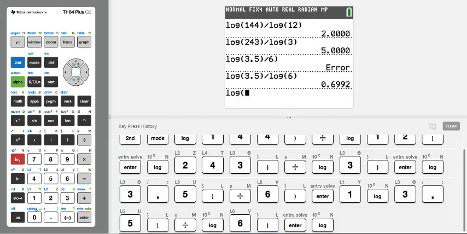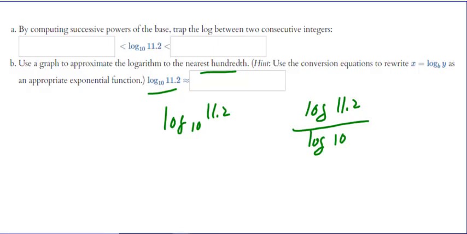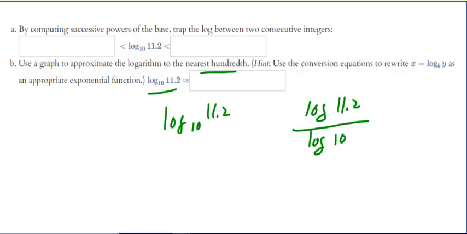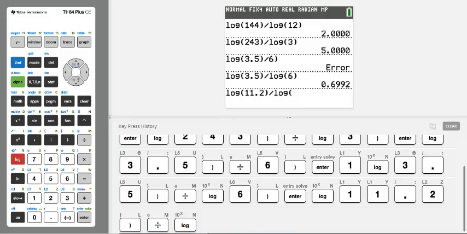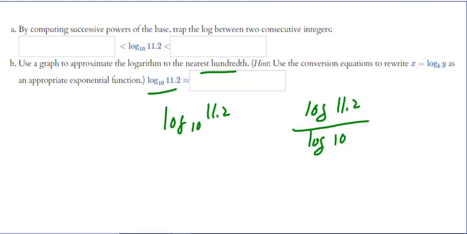Log of 11.2 divided by the log of 10, right? Well, that's a common log, so I don't have to do it really. The answer would be 1.05. So it'd be between 1 and 2. Those are consecutive integers, right?